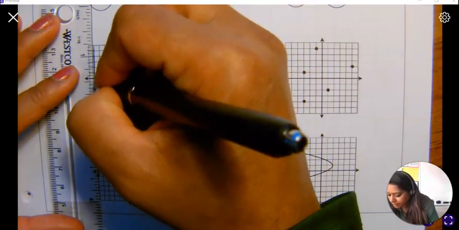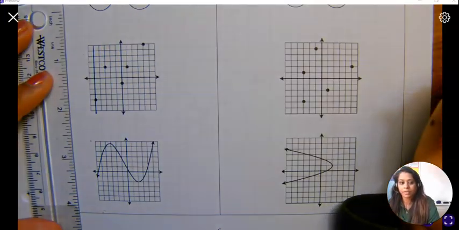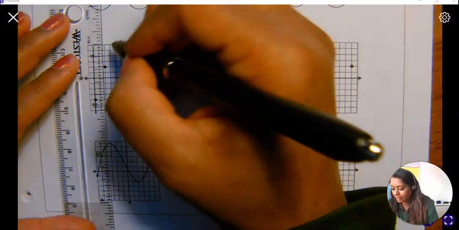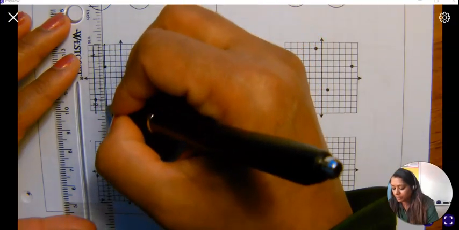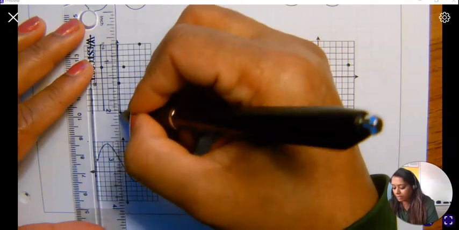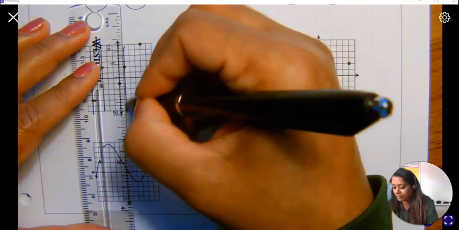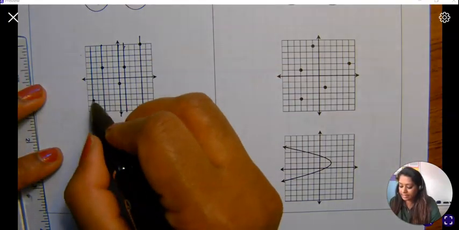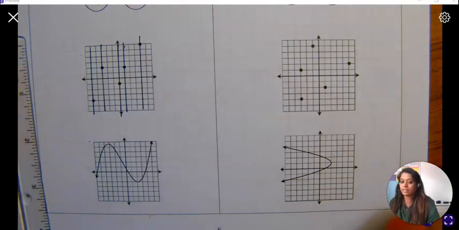So this x value right here has only one output, one point in it. This x value here only has one output, and all of them have only one y value. So this x has only one y value and so on.